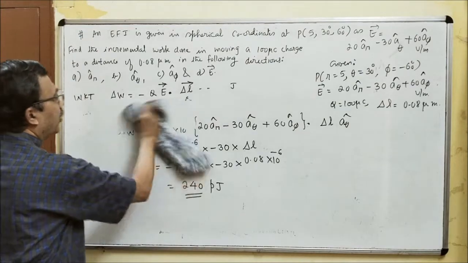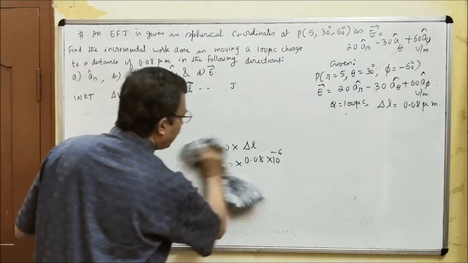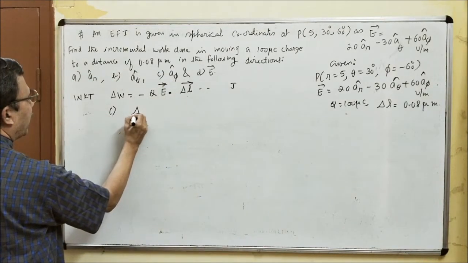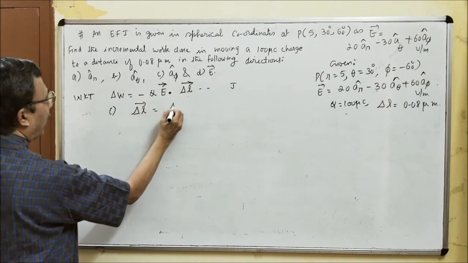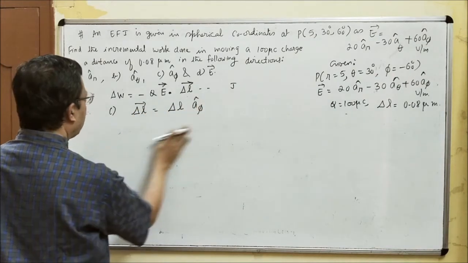For part C, what is vector delta L? Its magnitude is delta L, and the direction is given by A phi cap.